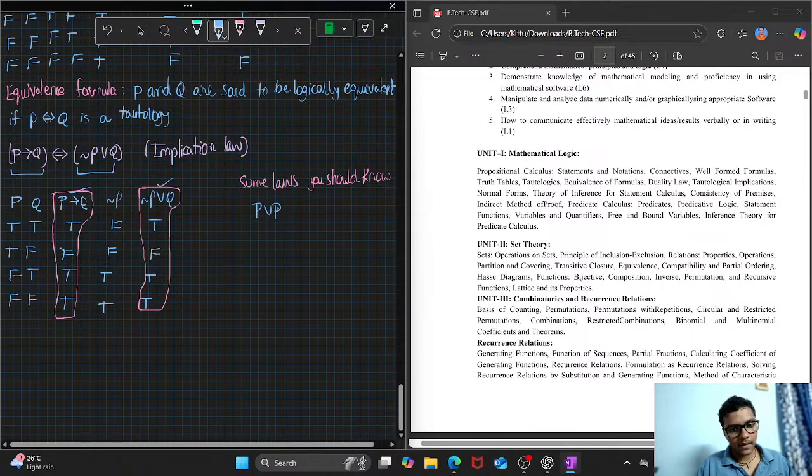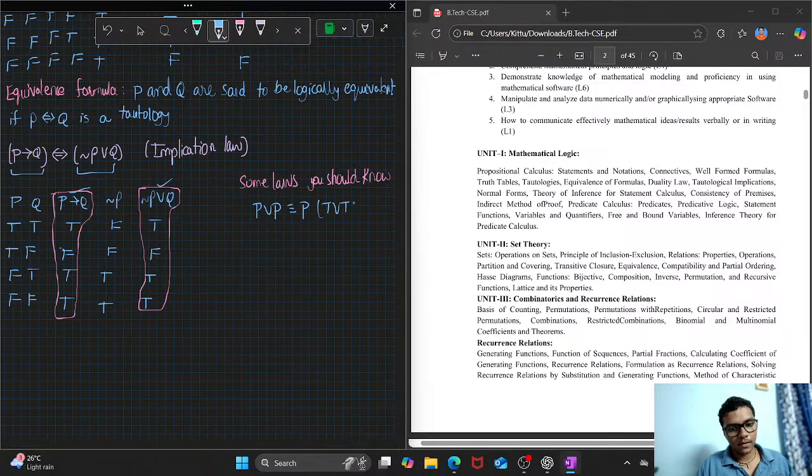P or P is P. Let's say T or T is equal to T and F or F is equal to F. So this is a valid statement, also known as the idempotent law. And P and P is also P, right? F and F is F. T and T is T. So these two are called idempotent laws actually.